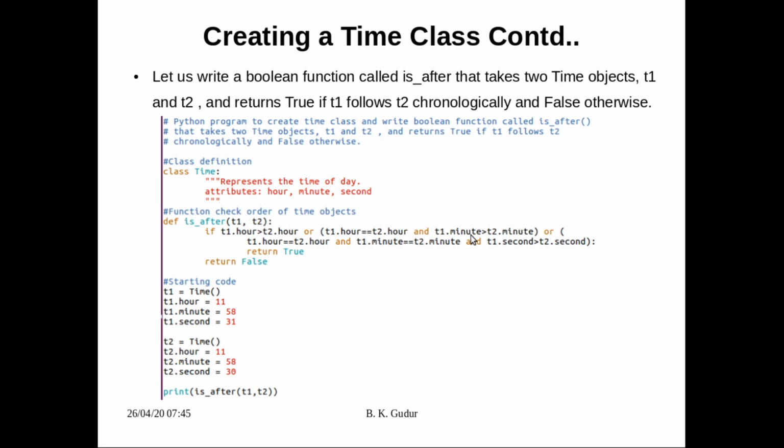In all three cases t1 follows t2. That's what we are supposed to check. In the first case, if t1.hour is greater than t2.hour, then obviously we need not check the remaining things.